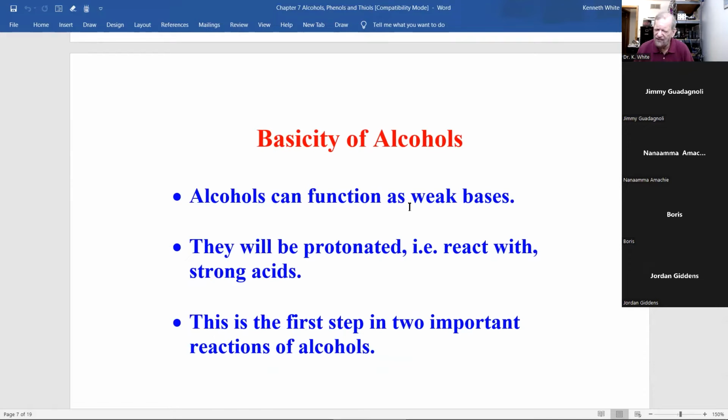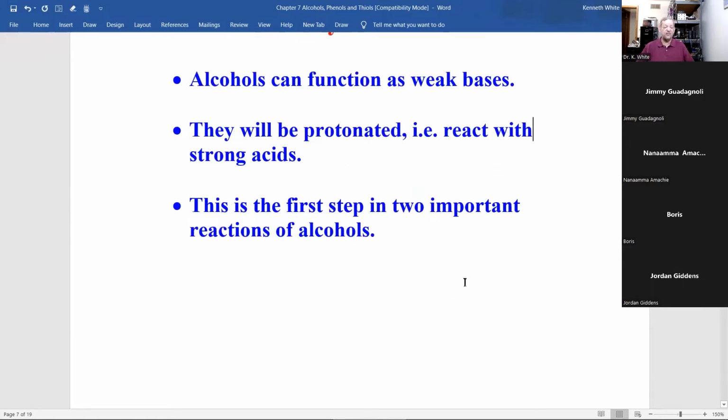And I don't know if I've taught this to you, the letters i.e. is Latin. They react with strong acids. And this is the first step in two important reactions of alcohols I will teach you.